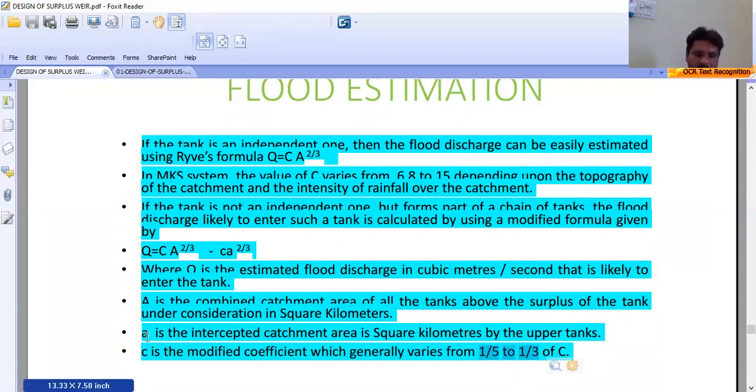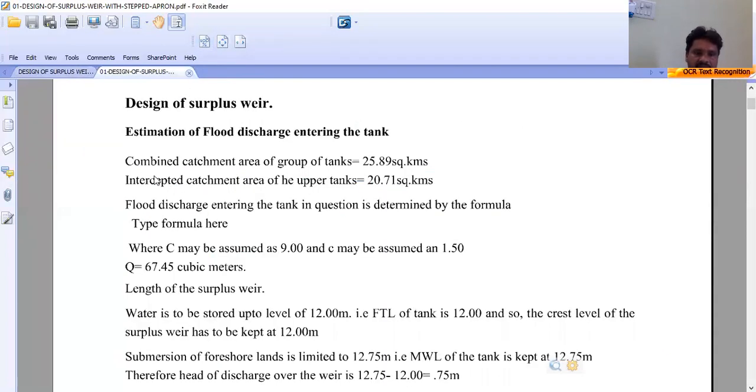Okay, small a is now the intercepted catchment area. It's already given. Based on the area, there are C variables. Right? If more than 25 square kilometer, capital C may be 9. More than 100 square kilometer, capital C may be 10, 12 like that.